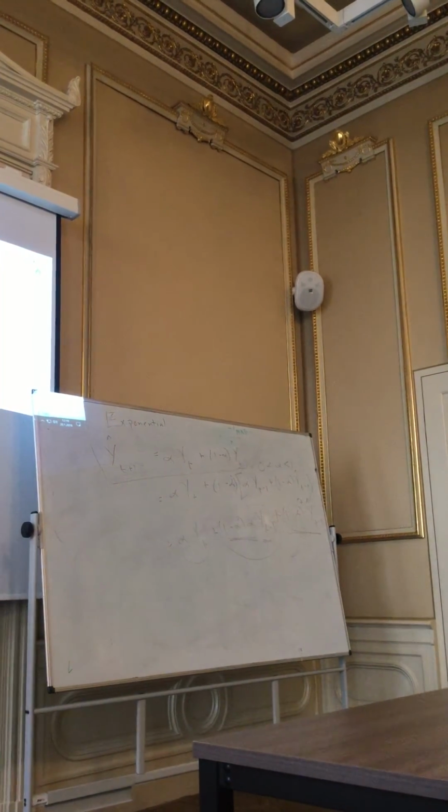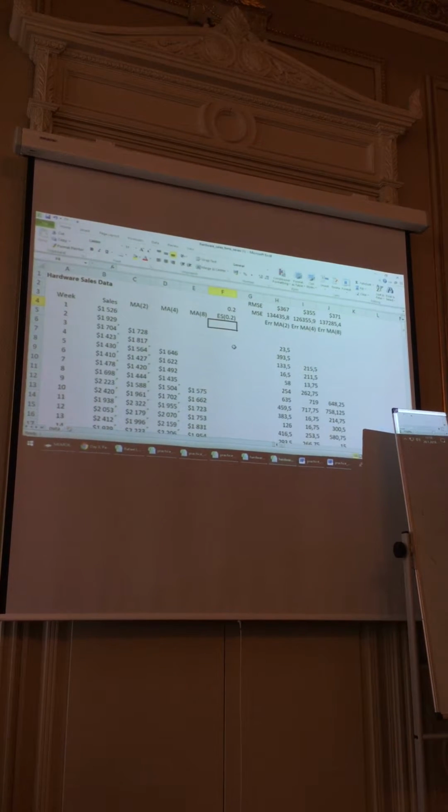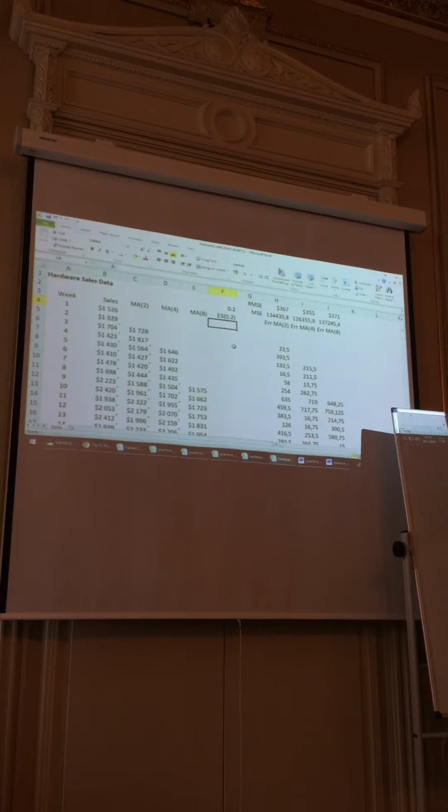Well, I have an actual for period 1, but I don't have any forecast for period 1. So how can I forecast period 2 if I don't have any forecast for period 1? So you need some way to get started. So we cheat. What we do for the forecast for period 1 is we make it equal to the actual. So we have to get on the ladder, basically, somehow. Okay, so that's all that is.